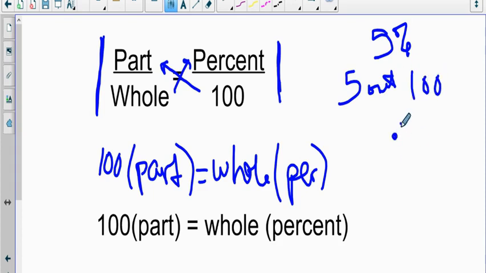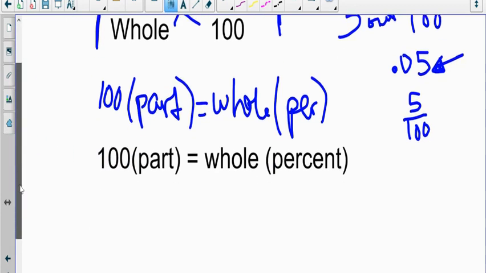It can also be written as 5/100ths, or 5 over 100. All of these are ways of writing 5%. So when we're in the percent equation format, we want our percentage as a decimal. I'm going to show you how we get it as a decimal, because right now it's written as a whole number, and the decimal portion of it is over here on the other side of the equation.